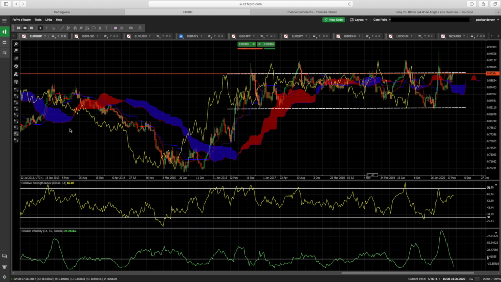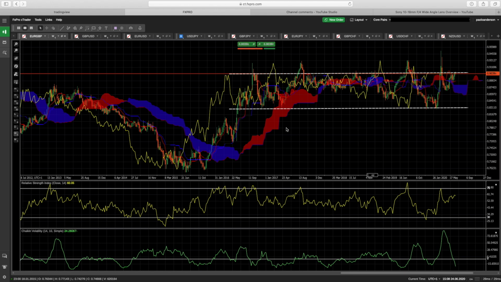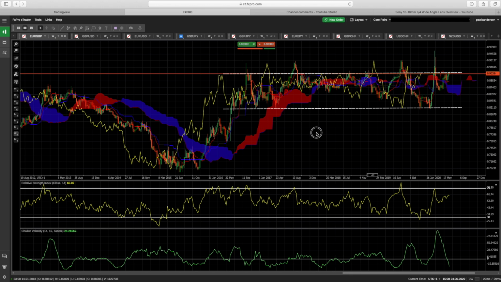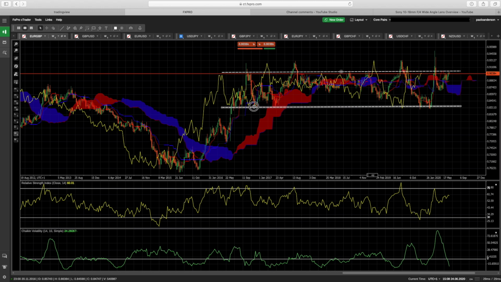So we're looking at the weekly on the Euro GBP, and we're looking at the Ichimoku indicator. We've just put in our equidistant pricing channel here, but the first thing I look at is the cloud, to see which direction the cloud is flowing.